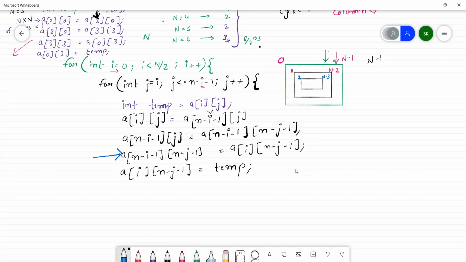So what's the doubt? Can you tell me? How are we assigning that one to a of i and n minus j minus 1? How are we assigning, the assignment part? Did you understand this? How did you understand this? Like, why is this correct?